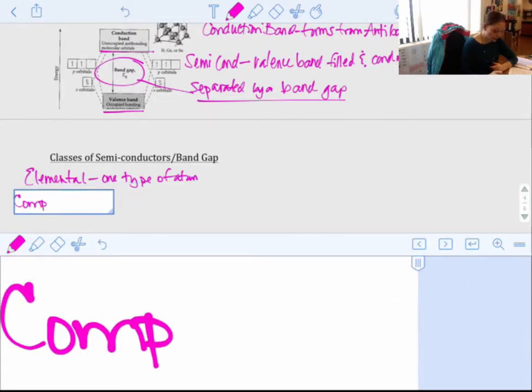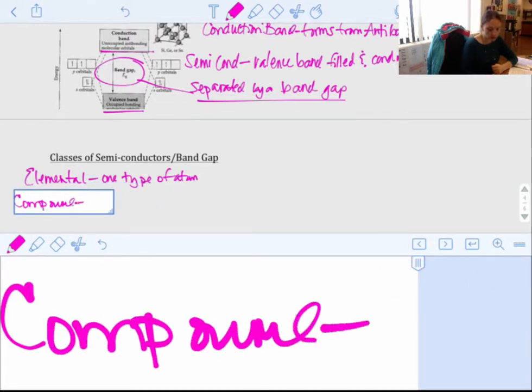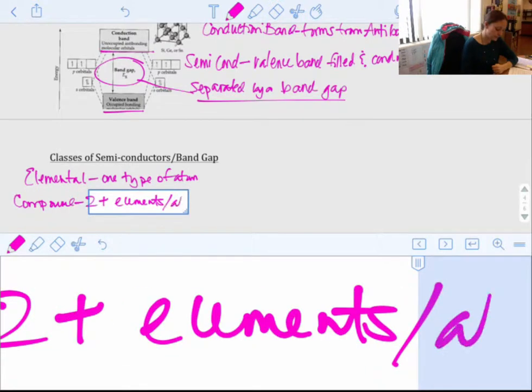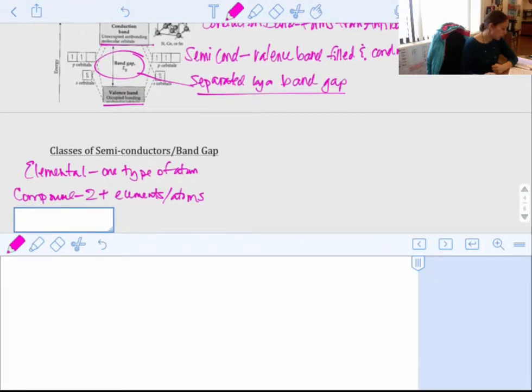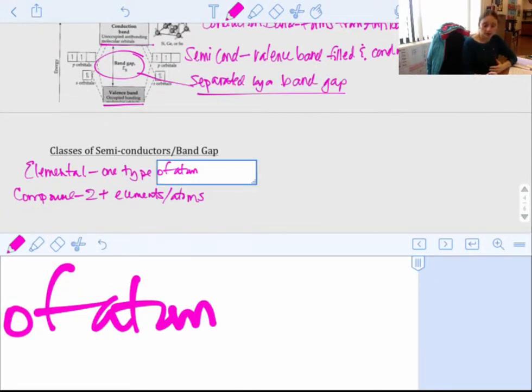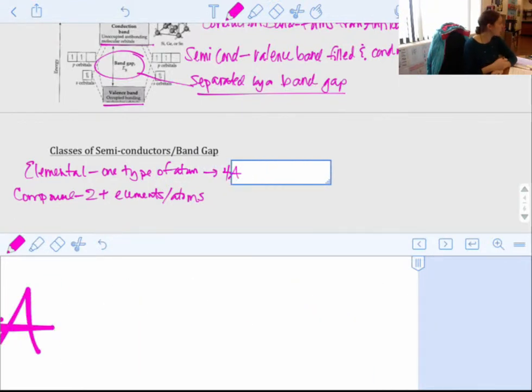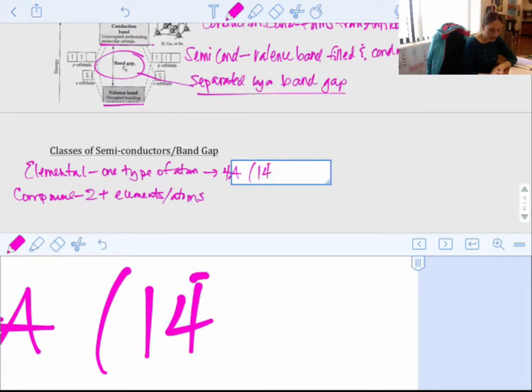It would be a compound, so we're talking about two or more elements, or types of atoms. The elemental semiconductors all come from group 4A, which is actually group 14. You're dealing with carbon, Si, Ge, Sn, Pb. Elemental ones come from that group.